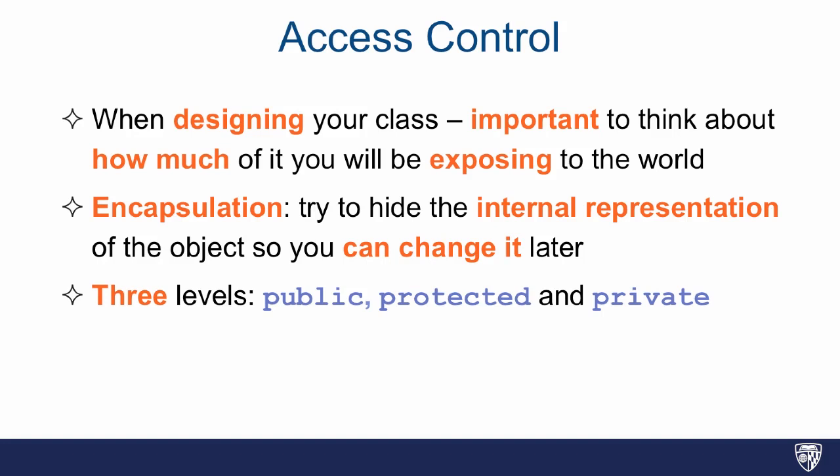You want to keep the internal representation private. That's the idea of encapsulation, and it applies to not just Ruby but other OO languages as well. On top of that, Ruby also provides 3 levels of access control: public, protected, and private. And we'll see what these mean in a minute.